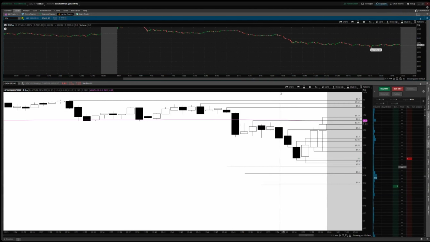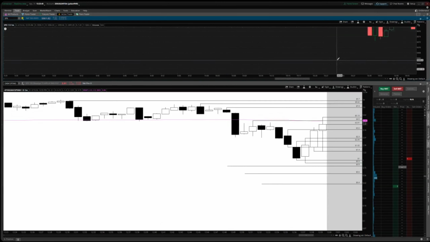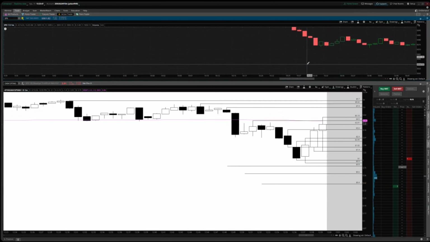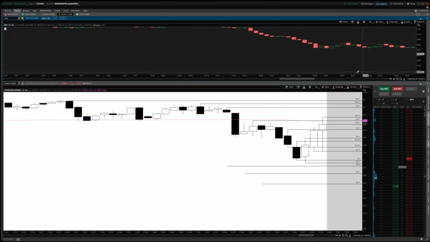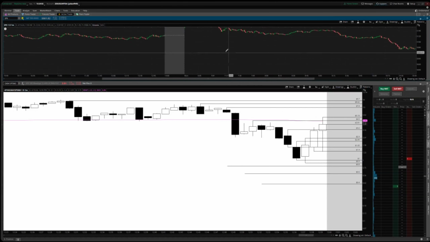I bought this thing at 10:28.55. 10:28 right here. And I bought it when price was at 50, 80. $80 out of the money after we just made a what, $90 move?